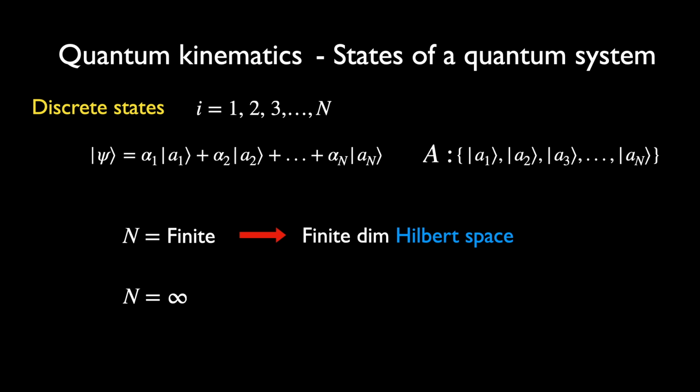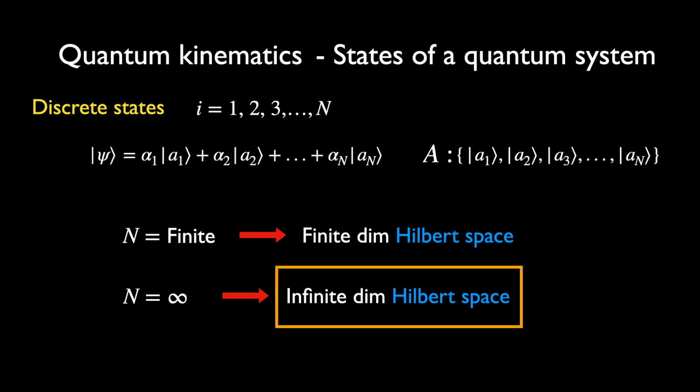When n is infinite, the system is said to live in an infinite-dimensional Hilbert space. There is another type of Hilbert space belonging to this category, but with basis elements that form a continuum, and must be labeled by continuous variables. This is where the continuum states live, which is what we will talk about next.